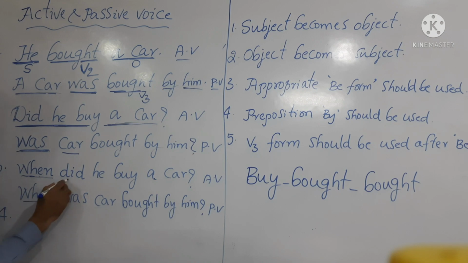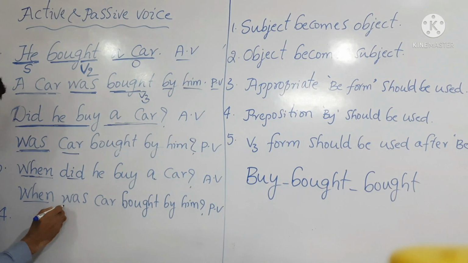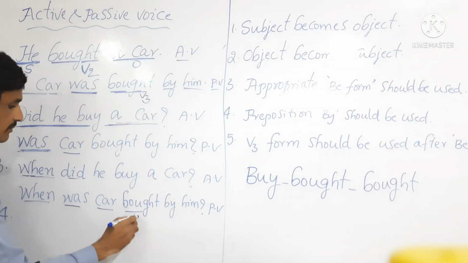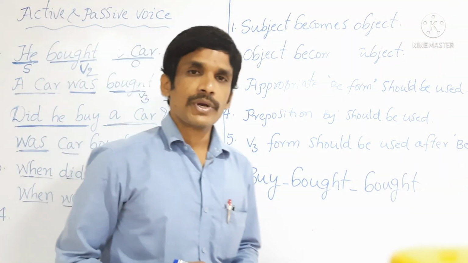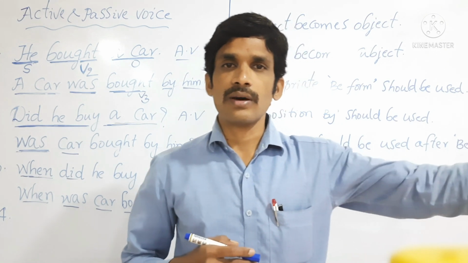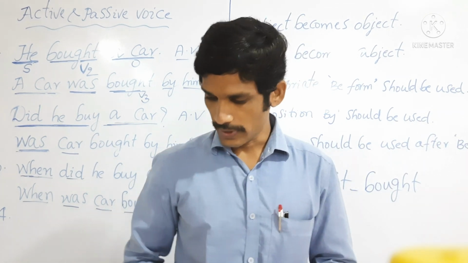When did he buy a car? Past tense, so the be form of the past tense we have to write. When was, after the subject, when was car, after that V3, then him. When was car bought by him? "When did he buy a car" is active voice. "When was car bought by him" is passive voice.